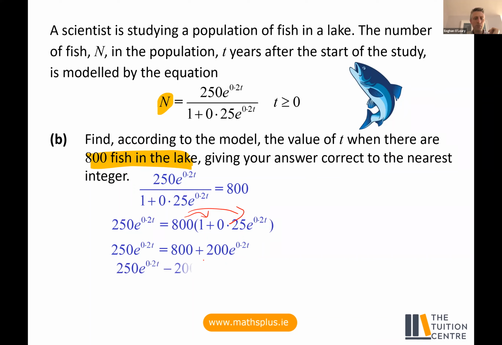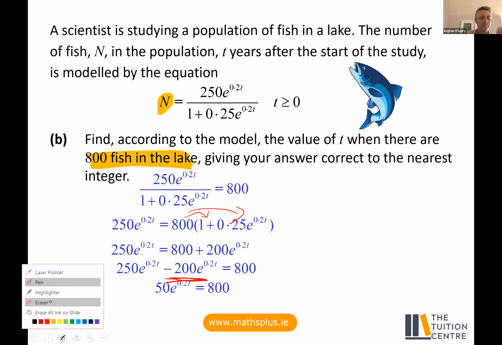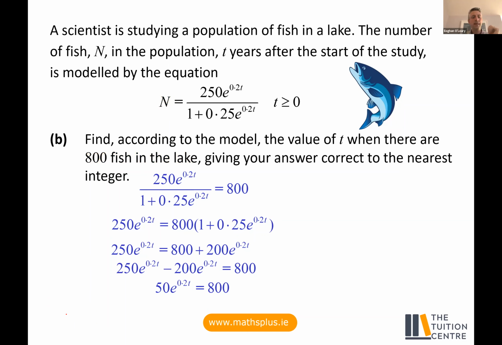I'm going to subtract 200 e to the power 0.2t from both sides, and I end up with 50 times e to the power 0.2t equal to 800. I can divide across by the 50, and get e to the power 0.2t is equal to 16. My variable is in the power, so I can use logs.